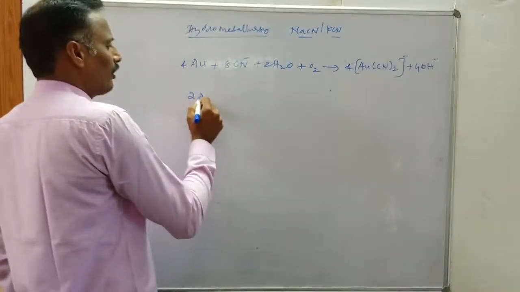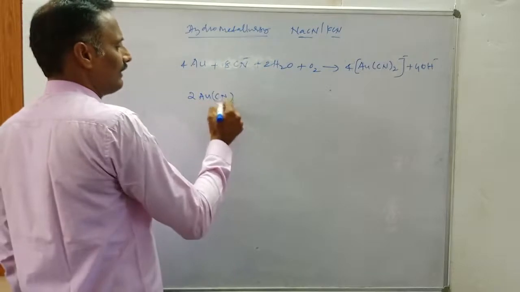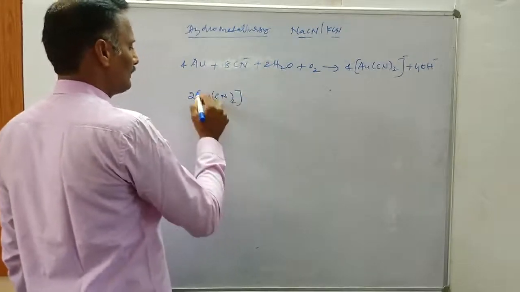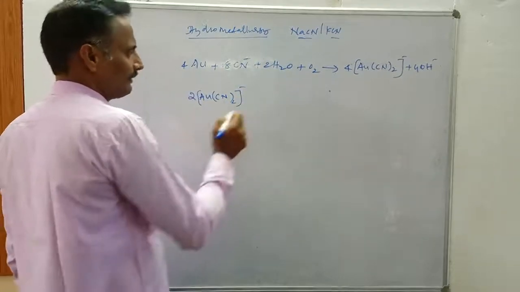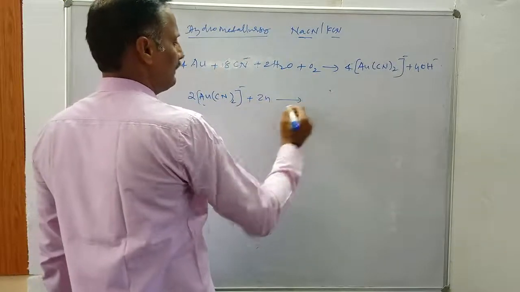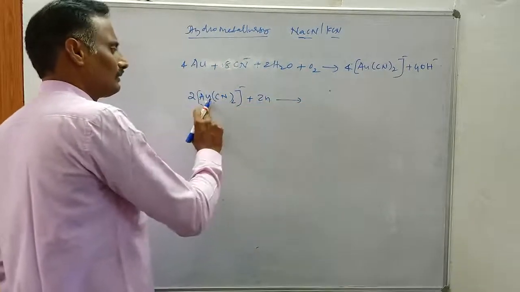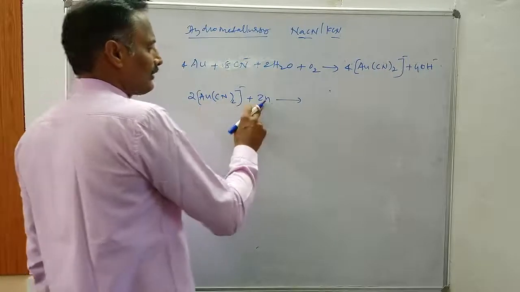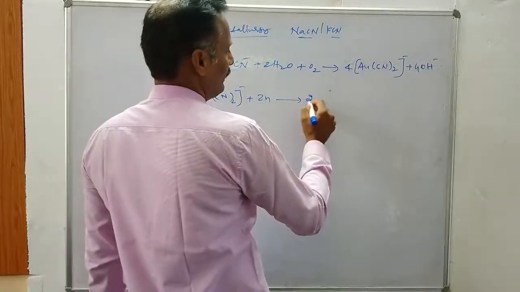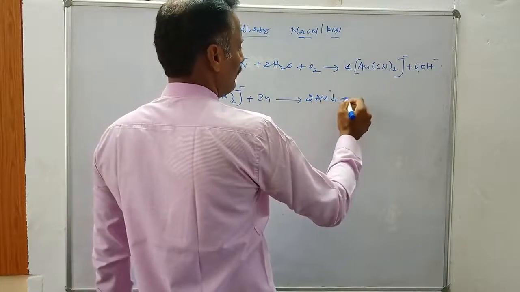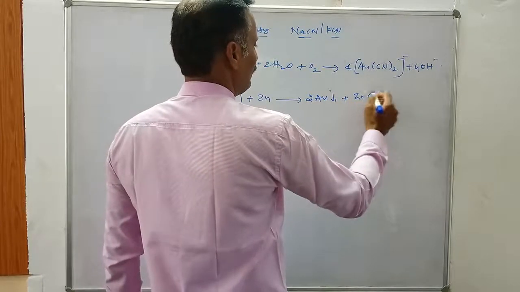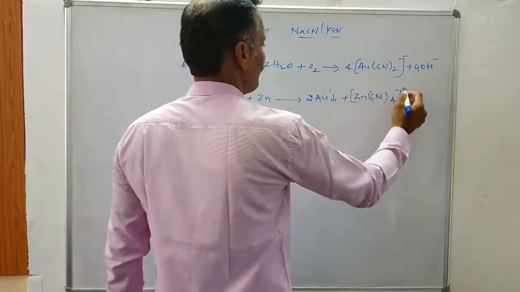When this complex is treated with zinc, zinc is more reactive than gold, so zinc replaces gold and reduces it. You will get gold, and also a zinc complex, [Zn(CN)4] 2 minus.